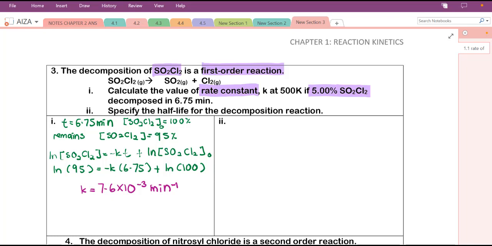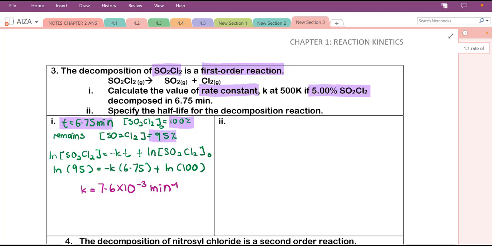The time given is 6.75 minutes. So the initial concentration will be 100%, the initial time. After 6.75 minutes, 5% decomposes. 5% is converted to product, so what remains is 95%.